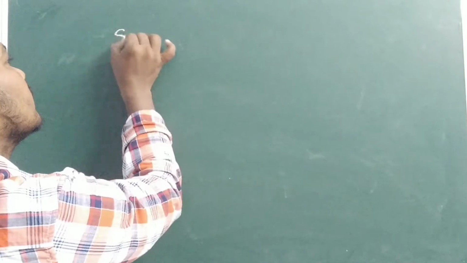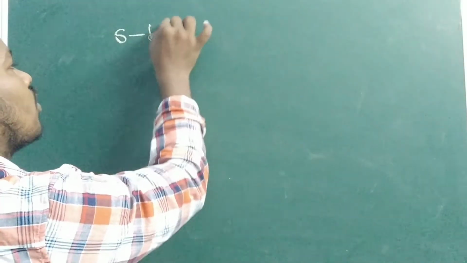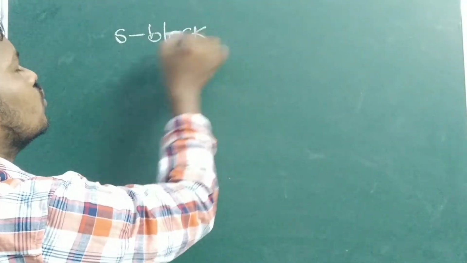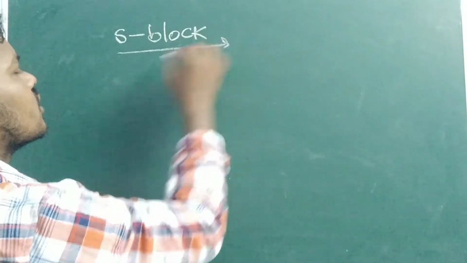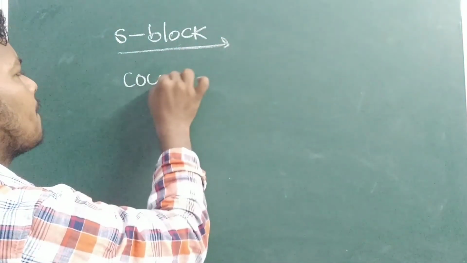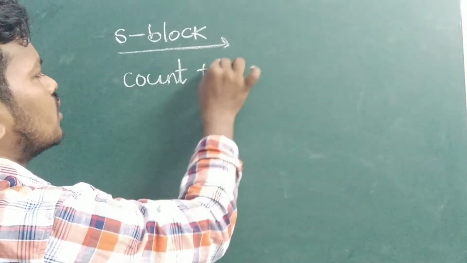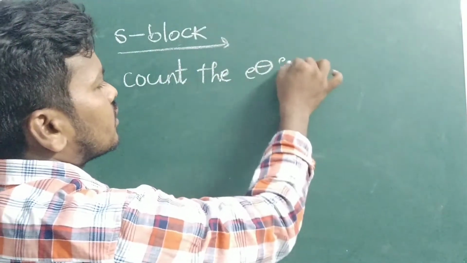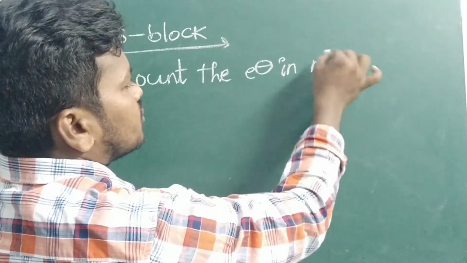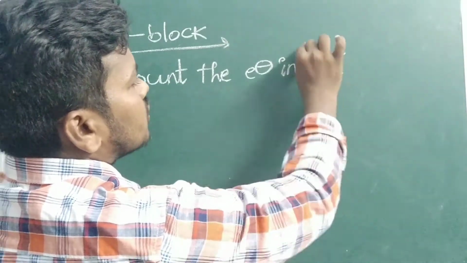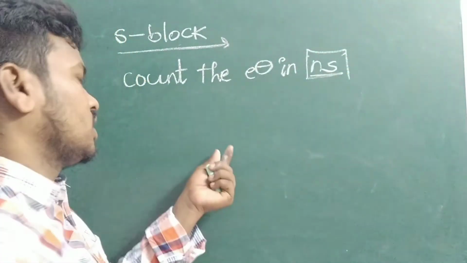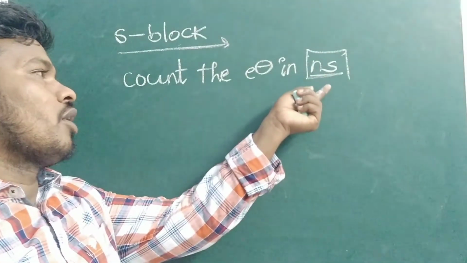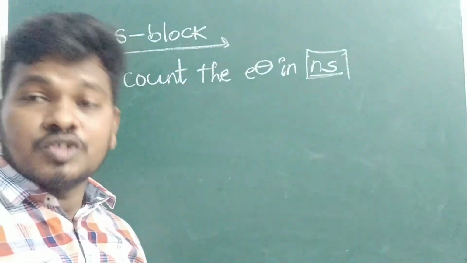Now let's see how to calculate the group. For the S block, there is one trick. First write the electronic configuration, then count the electrons in the outermost S subshell.